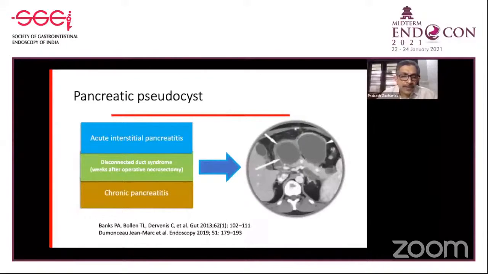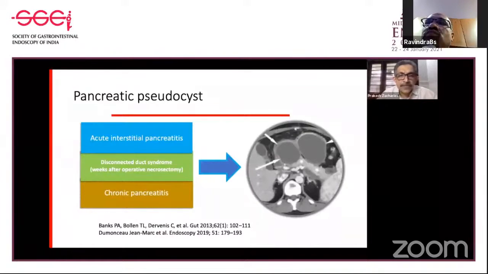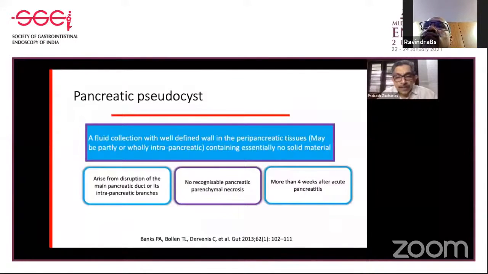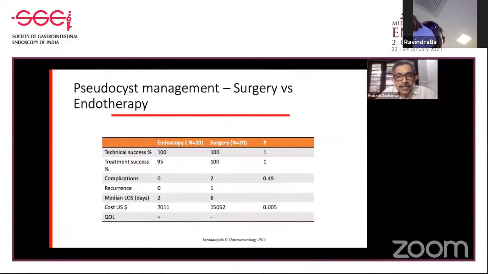It can happen with chronic pancreatitis as well as acute interstitial pancreatitis or with disconnected duct syndrome. This pseudocyst is one which develops after 4 weeks of acute pancreatitis and has a well-defined wall. It has been shown that endotherapy has equal success rate as surgery and fewer complications.